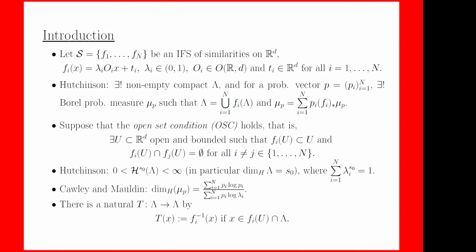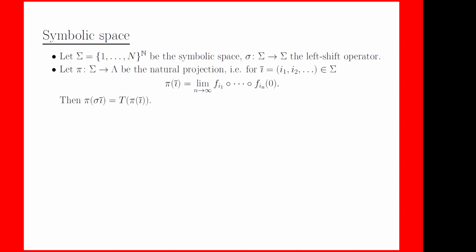What we are particularly interested in this talk will be the dynamical subsets of these self-similar sets. And what do I mean by dynamical subsets? Still some more setup. These self-similar sets behave very well with the symbolic space.